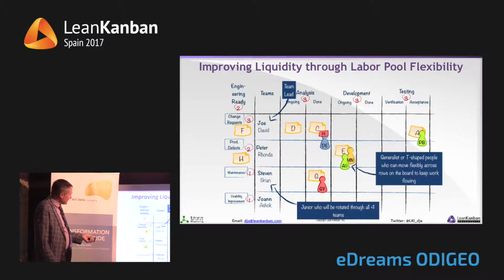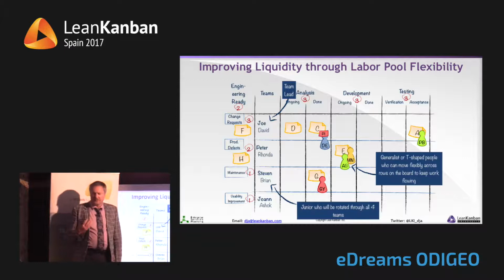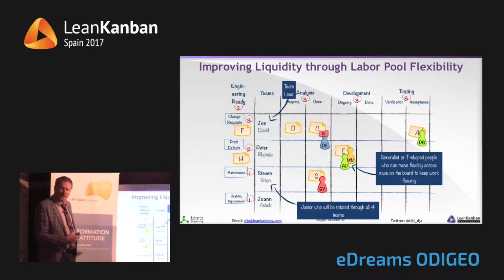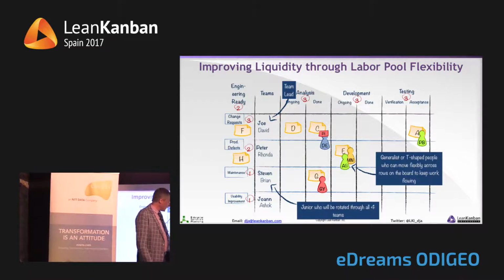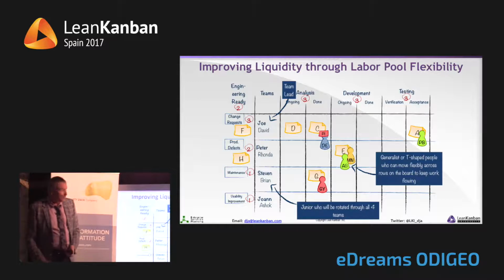And then the rest of the team, they all get avatars because they're generalist or T-shaped people. Now this type of pattern emerges where there is unevenness in the arrival rate of demand for the different services. At different times of year or different times of the month, you have different rates of demand, and therefore you can move these workers around very easily and very flexibly to cope with that demand and keep everything moving.